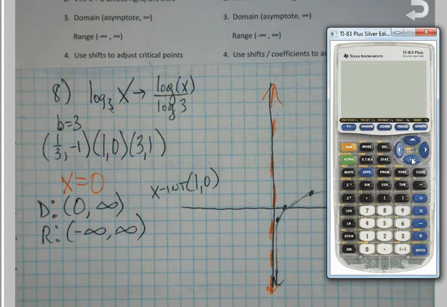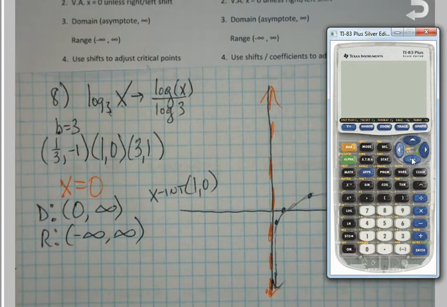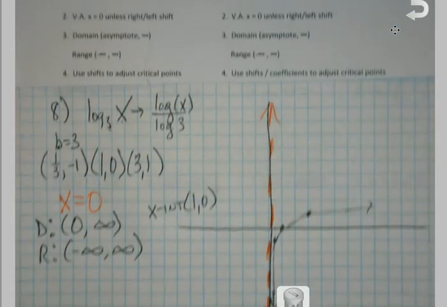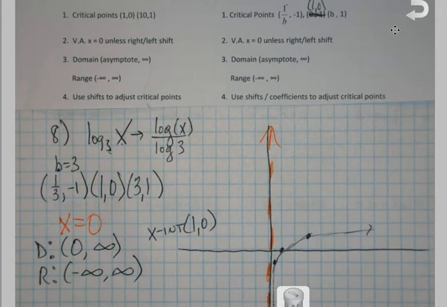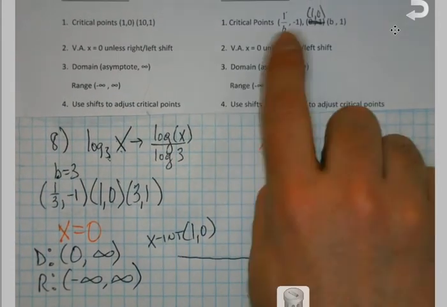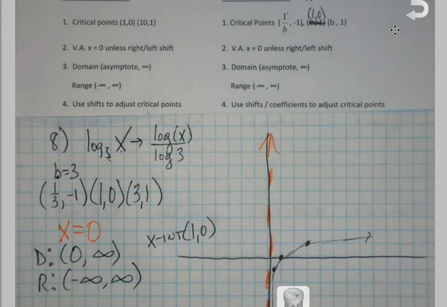So really there's not a whole lot of difference between these and the base 10s. The main difference that you're going to find is just going to be whether you want to go to the calculator to get the points or if you want to use these generic critical point values to make your graph.